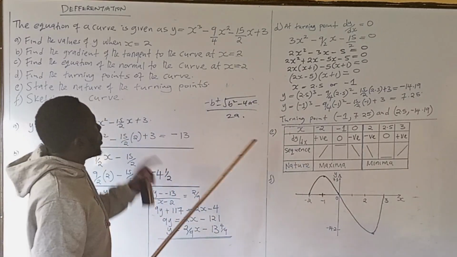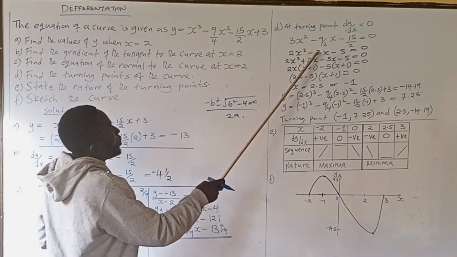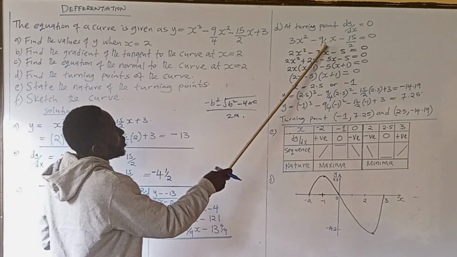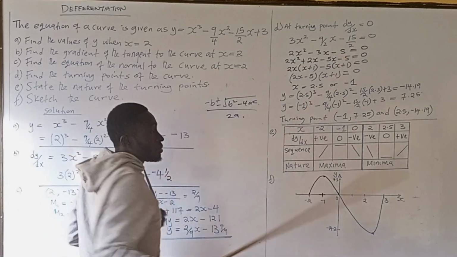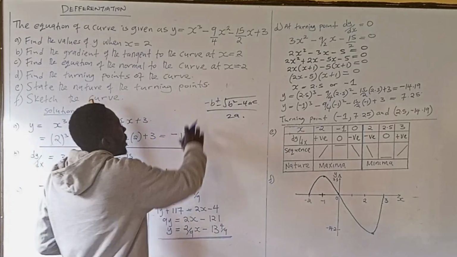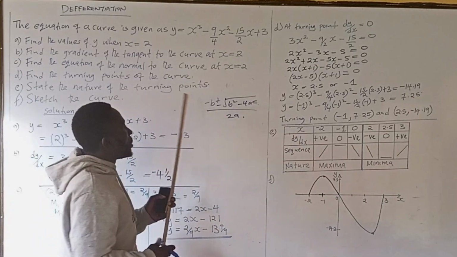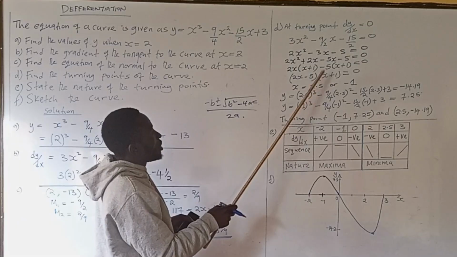What is a? A is 3, b is negative 9 over 2, which is 4.5, then c is negative 7.5. And you must respect the negatives.